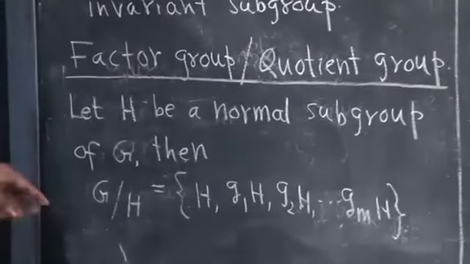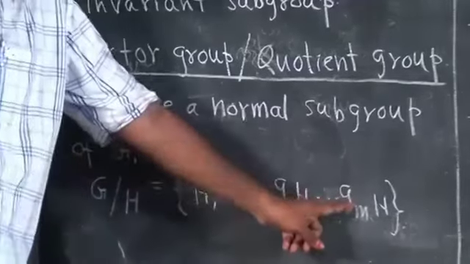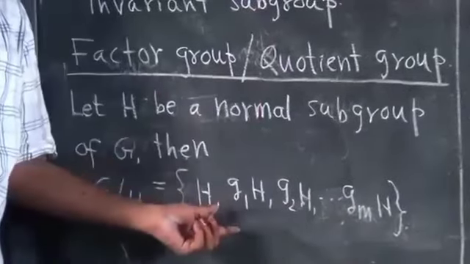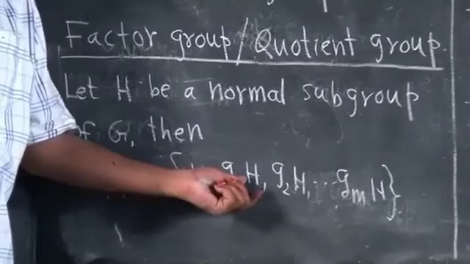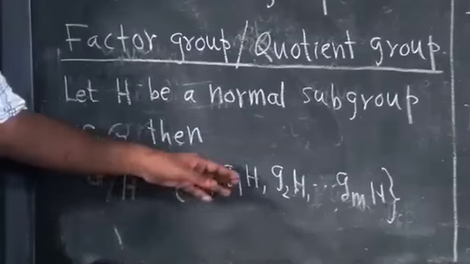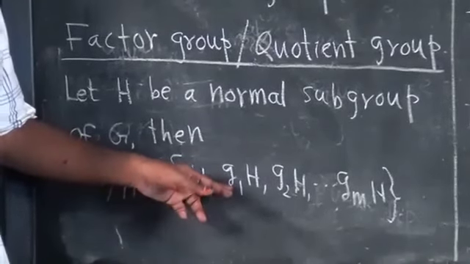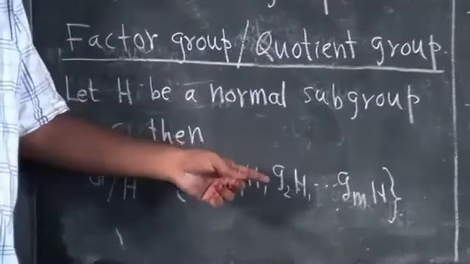Okay, I can always write G in terms of this, right? We have written this already when we talked about Lagrange's theorem. So, we can write H and all its distinct cosets. I am writing with left coset here, you could have written with right coset, because since it is a normal subgroup, both are the same.